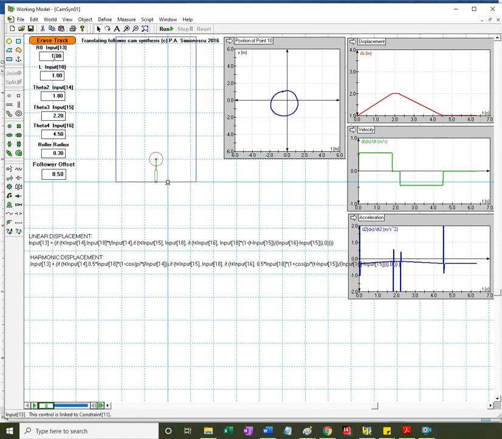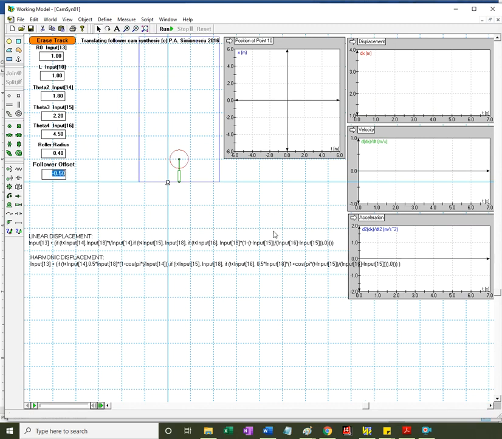Let's see, racetrack. So if I make it 0.5, actually no, that's the initial radius. So make it 1 back. There's the roller too that I can change. I can make it 0.4. Make a bigger roller. An offset, let's make it negative 0.5, although it's arguable which is negative, which is positive.